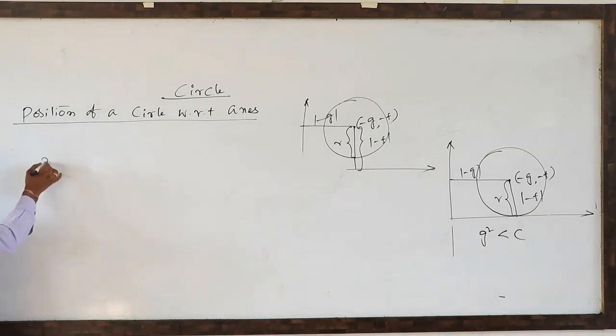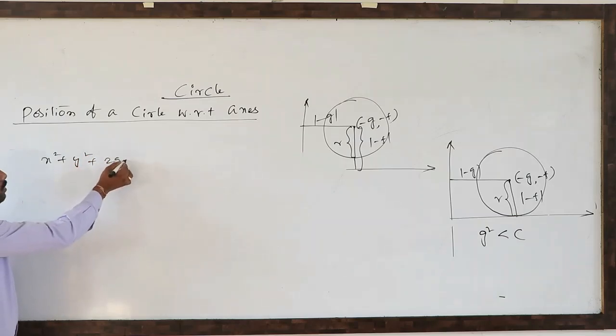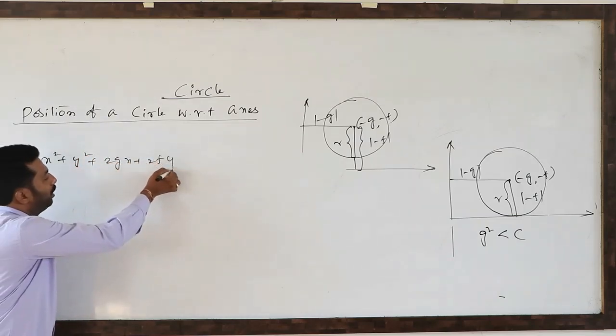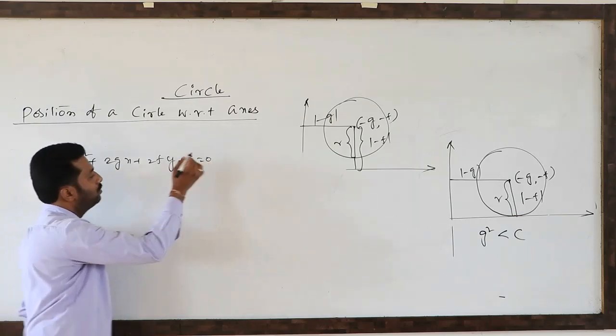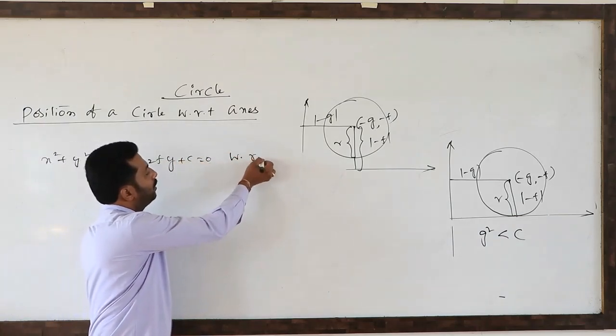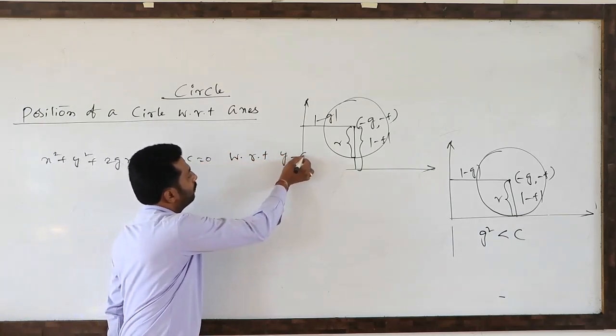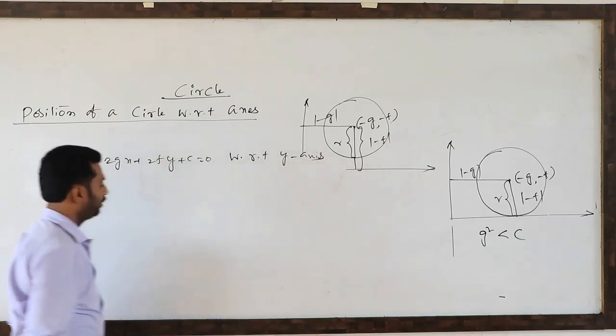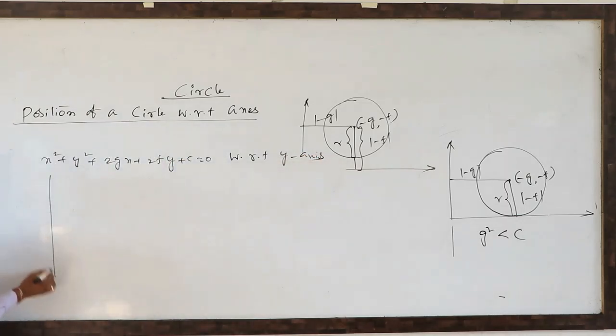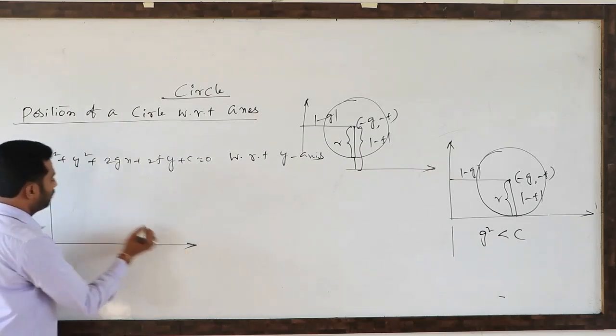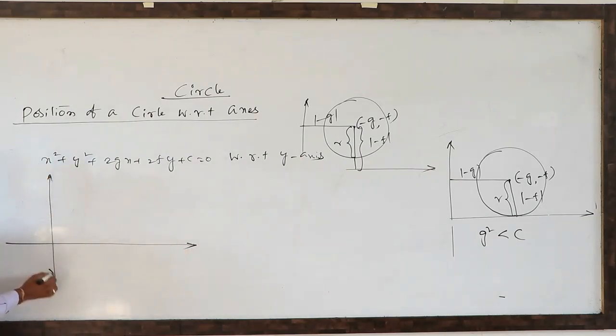Position of a circle x square plus y square plus 2gx plus 2fy plus c equal to 0 with respect to the y-axis. See here, first case. Suppose the circle meets the y-axis. This is the y-axis only.